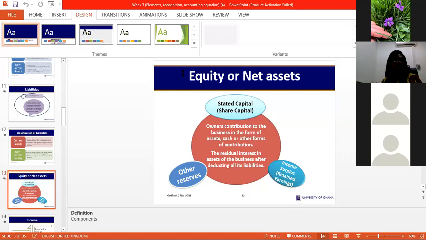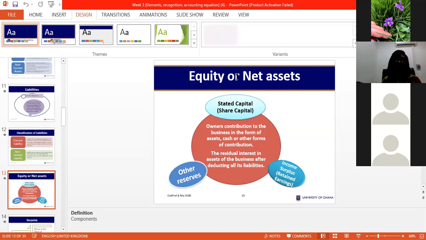Okay, so when you see equity or net assets, it refers to the assets of the business minus or after paying the liabilities, those obligations. Whatever is left belongs to the owners, and that is what we refer to as the net of the assets.